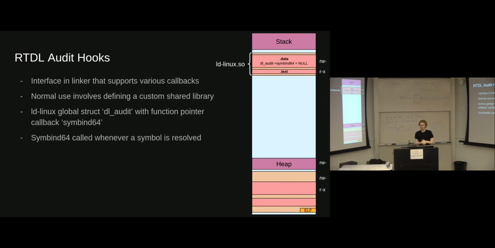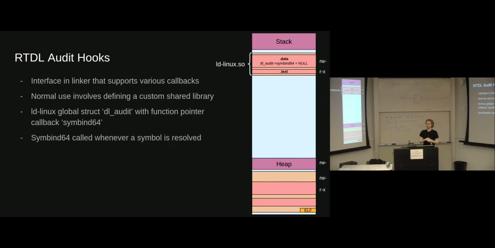It'll call a particular function pointer stored in ld-linux.so, that's the dynamic linker itself. It gets loaded into memory just like any other shared library. Inside it has a data section, and in that data section it has this structure. And this structure has a function pointer in it that will get called whenever a particular symbol gets resolved.